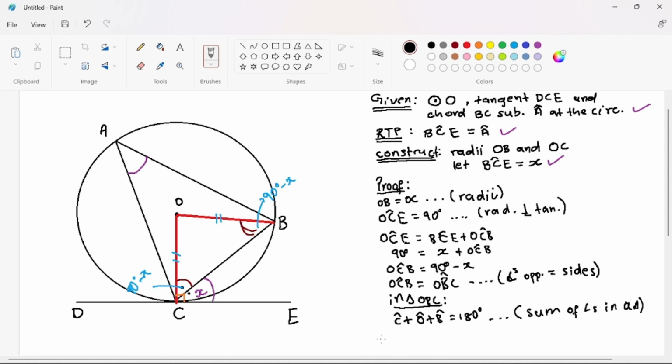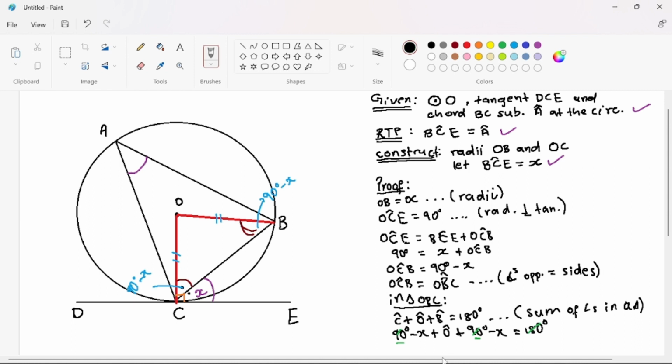On our next step, we are simply going to substitute. We know that our angle C is going to be 90 minus x, and our angle O, that's what we are looking for, and our angle B is going to be 90 minus x, equal to 180 degrees. If we look, 90 plus 90 is going to give us 180 degrees, and when we transpose that 180 degrees, it's going to cancel this one on the other side, so there's no need to do that one.